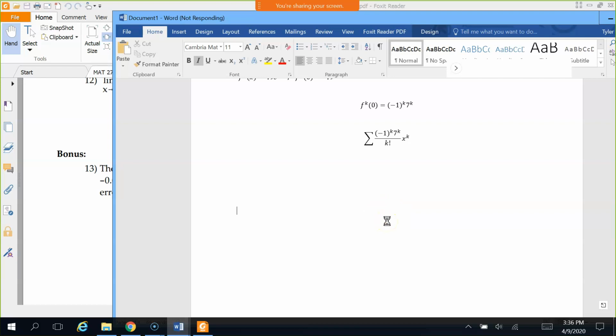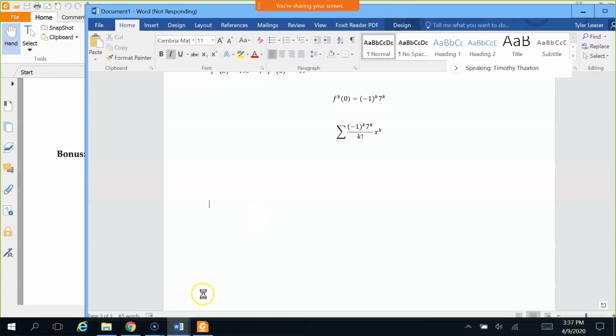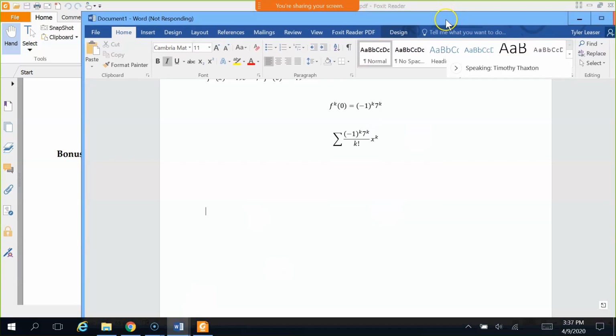oh, Word is crashing on me. Come on back, Word. You can do it. It might be dead. Come on, Word.